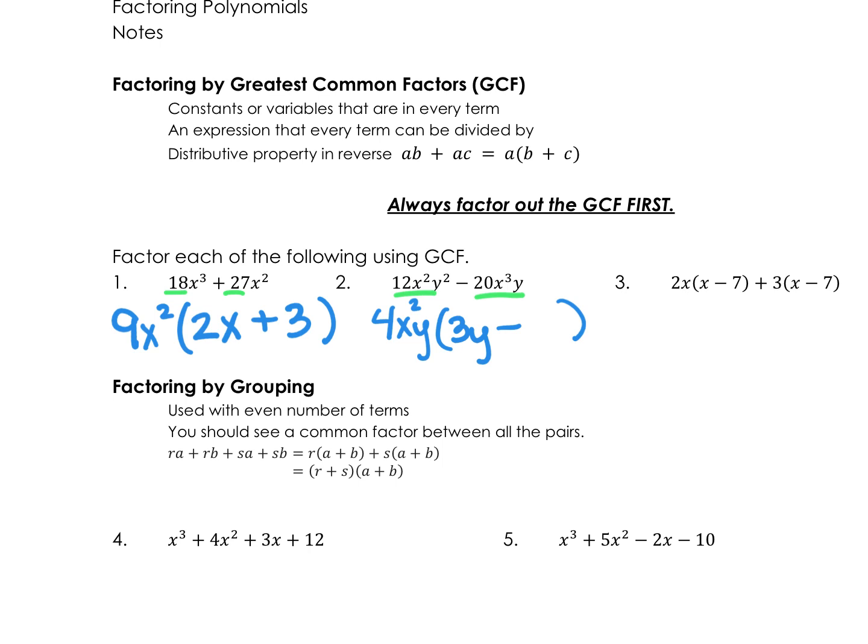Now I need to factor 4x squared y out of 20x cubed y. So write down what you think is left when you pull this GCF out of 20x cubed y. Write down what you think there should be left.